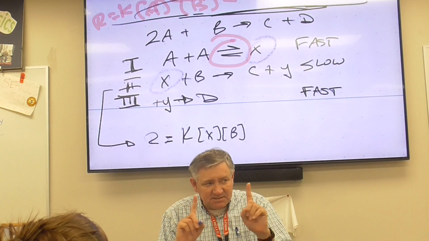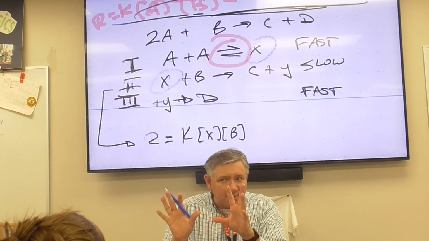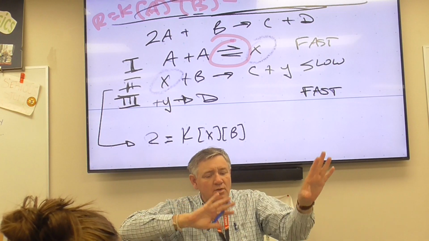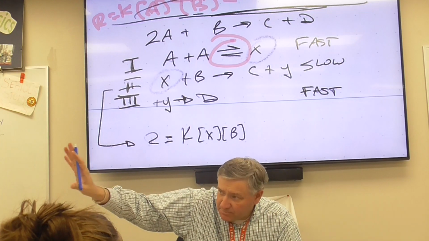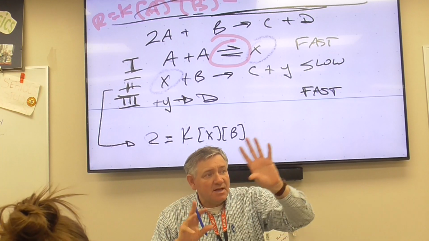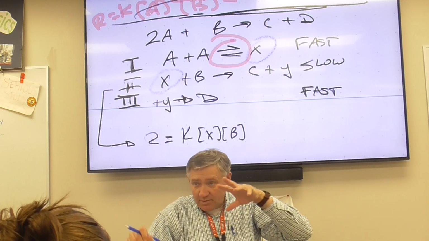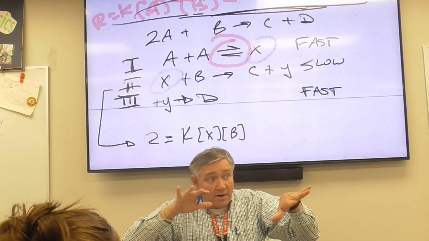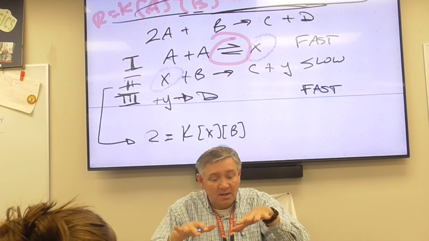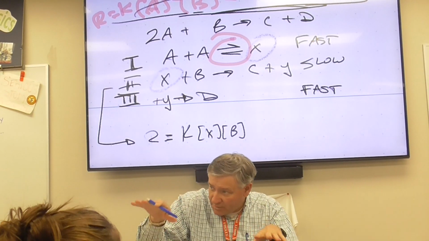So what that means is that this can reach an equilibrium point where you combine them to produce X, but then it's just like what we did with the water. You can get that water going back and forth, but eventually that water reaches a point of equilibrium. That's what's going to happen with X.